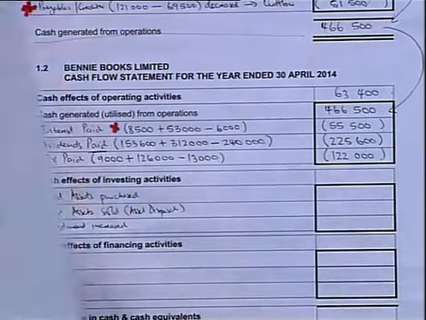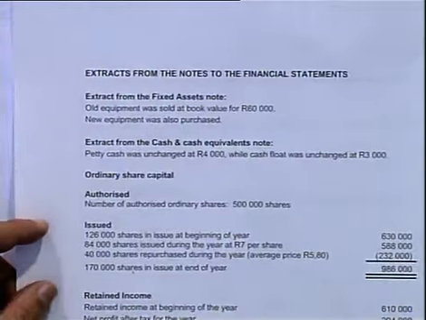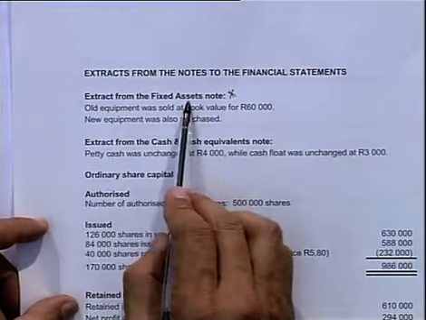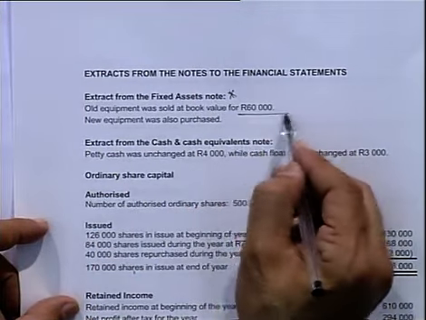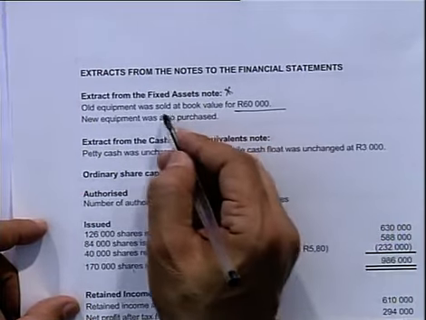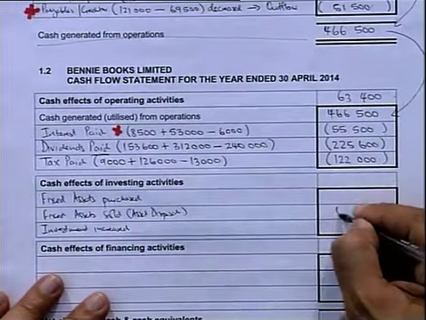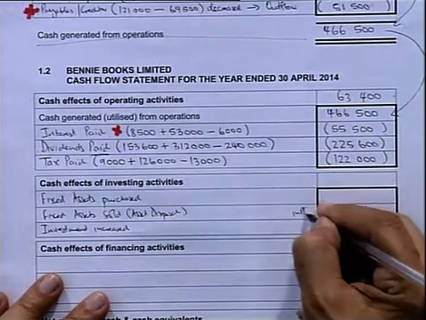Okay, so for the first item, it says fixed assets purchased. So we have to look at the additional information regarding the fixed assets. It says extract from the fixed assets note. Old equipment was sold, so that 60,000 is the fixed assets sold. So 60,000 will be 60,000 sold. So that figure goes, that is seen as an inflow.